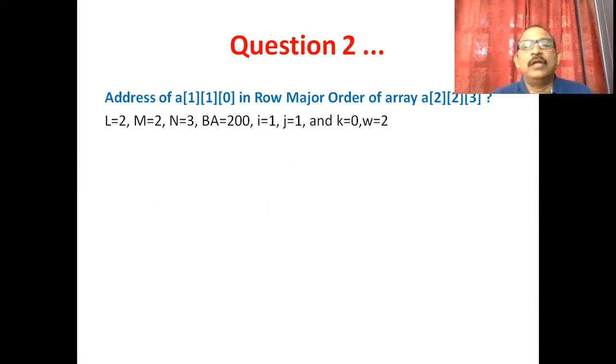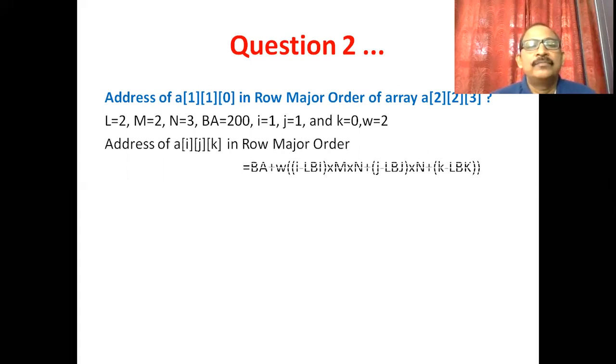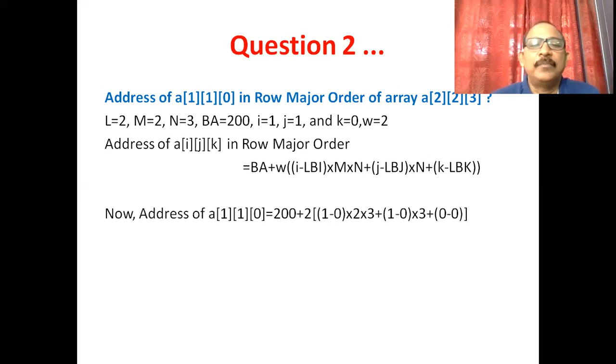With the other formula, the alternative formula, we can again determine the address of A110 in row major order. Here I am using this formula: BA plus W into (I minus LBI) into M into N plus (J minus LBJ) into N plus (K minus LBK). Now the address of 110: BA is 200 plus 2.